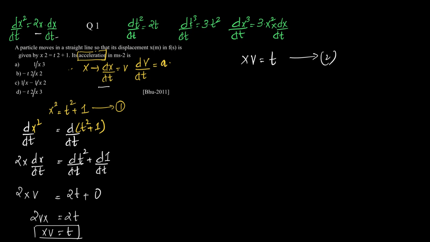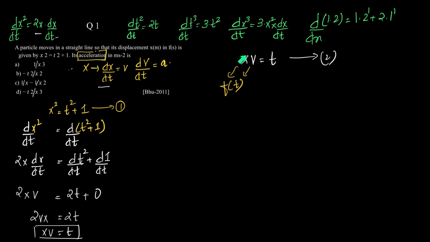Now here you need to understand that both x and v are functions of t, which means we have two functions here. How do you differentiate that? Very basic. Let me put this as simply as possible. d by dt of one function into the other function is equal to first into derivative of second function plus second into derivative of first function.